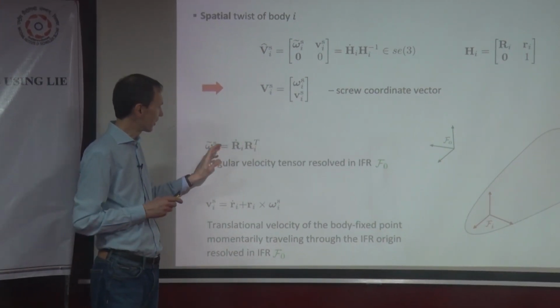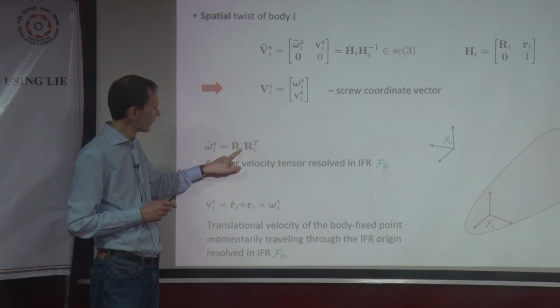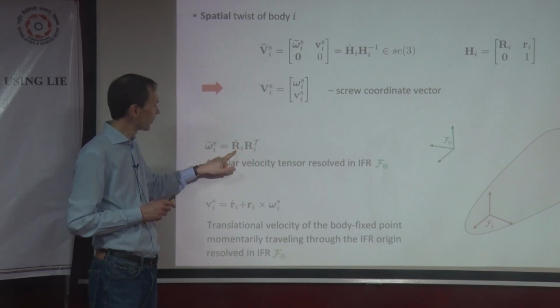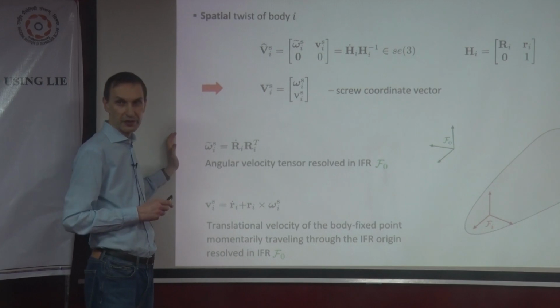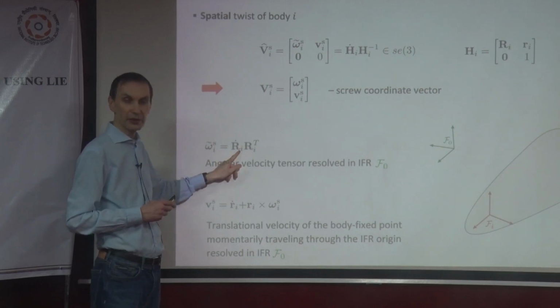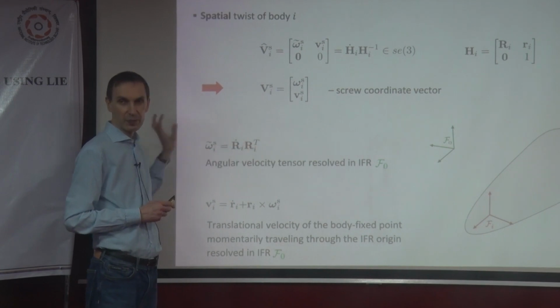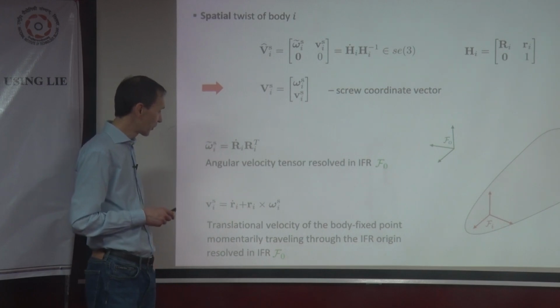Unfortunately, I dropped the zeros, but what you have here is R_0I, and you have R_0I transpose. Why I'm saying this, because the last index is telling you what comes out of the whole equation. And what comes out of the whole equation is 0. So whatever happens here is expressed in the 0 frame, in the space fixed frame. That's an indication that this is, of course, the space fixed angular velocity.